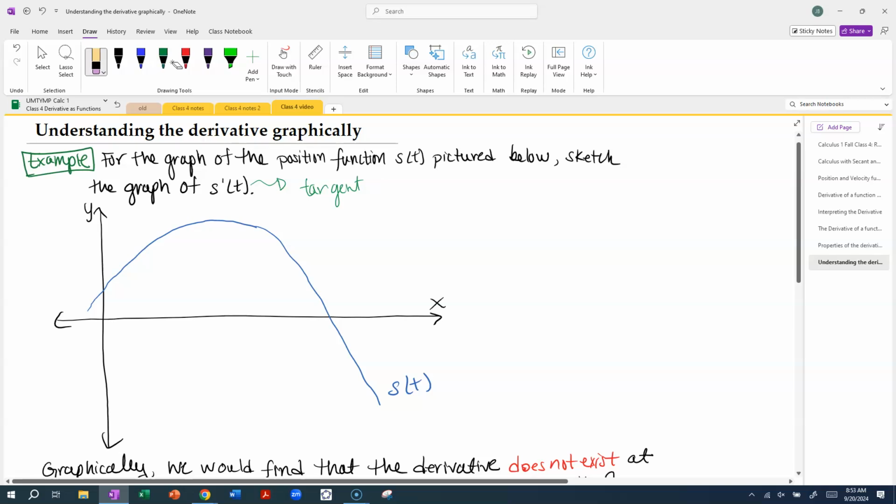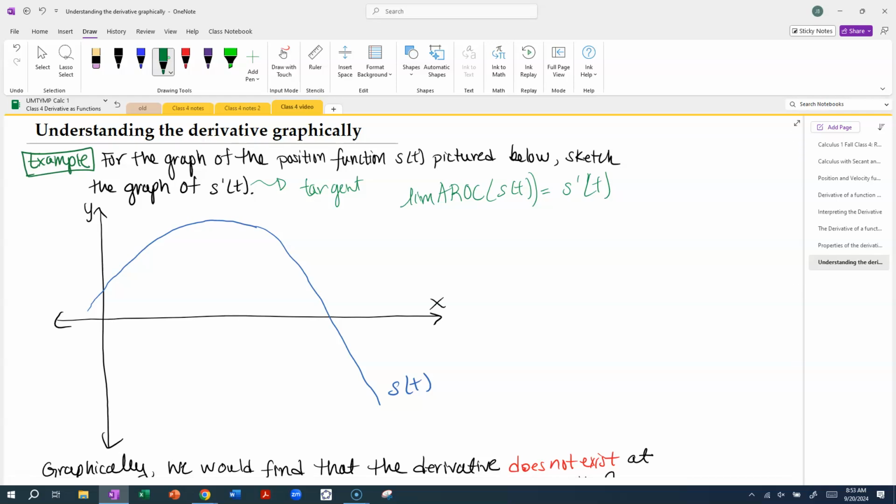Or rather, if we looked at the average rate of change of the s of t function and we did a limit of that, that was then the instantaneous rate of change of the position function, or the instantaneous speed. And so these were secant slopes, and then when we did the limit, that was the tangent slopes.